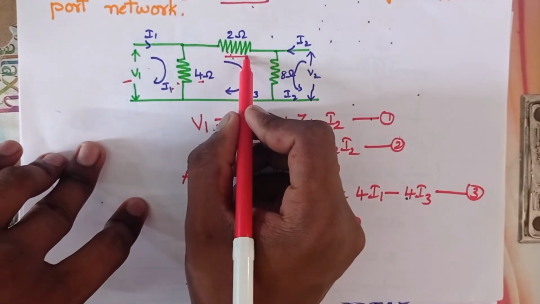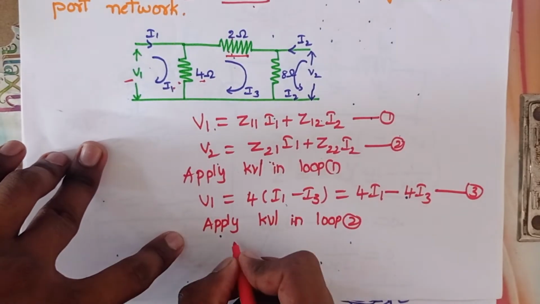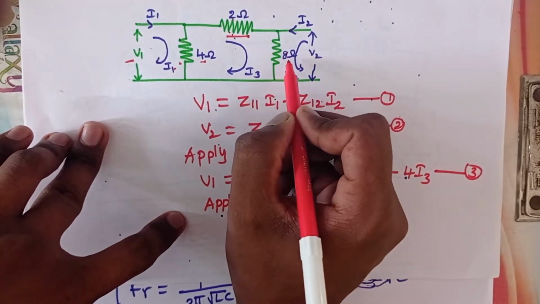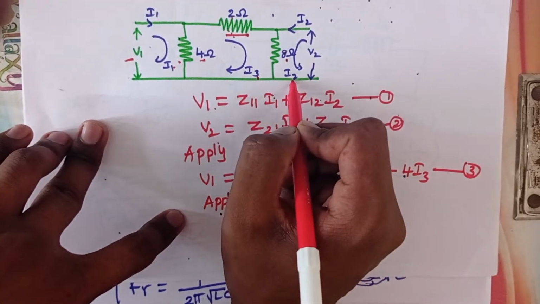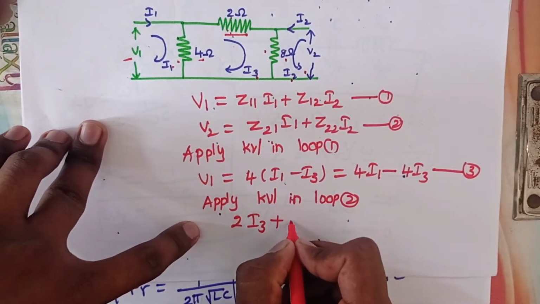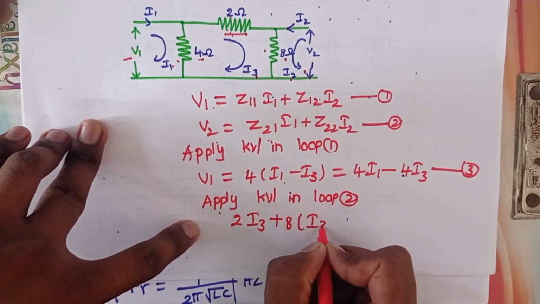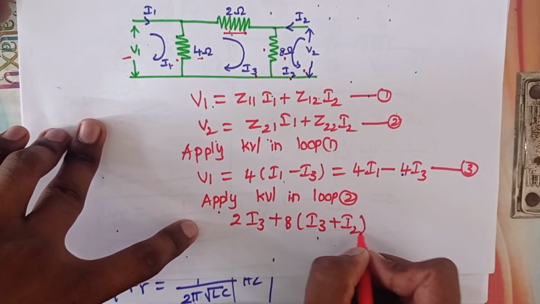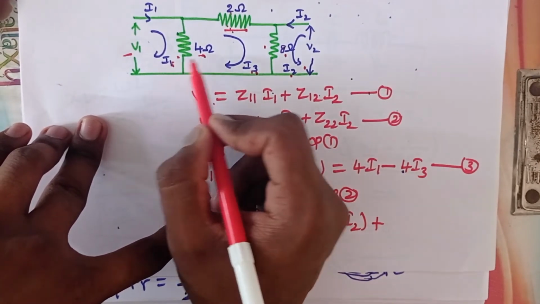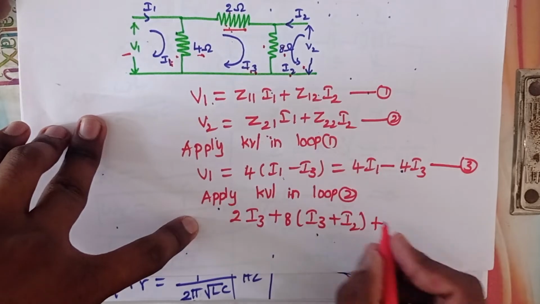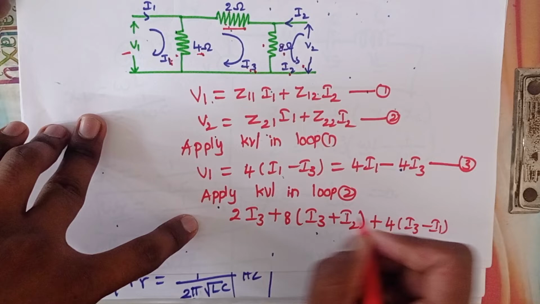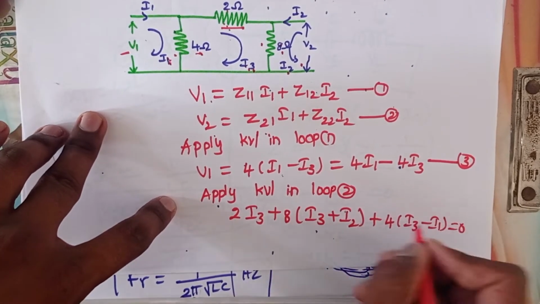First the voltage across this resistor is 2I3, plus the voltage across this resistor is 8 into (I3 plus I2), because I3 current and I2 current are in the same direction, plus 4 into (I3 minus I1), because I3 and I1 are in opposite directions, equal to 0.